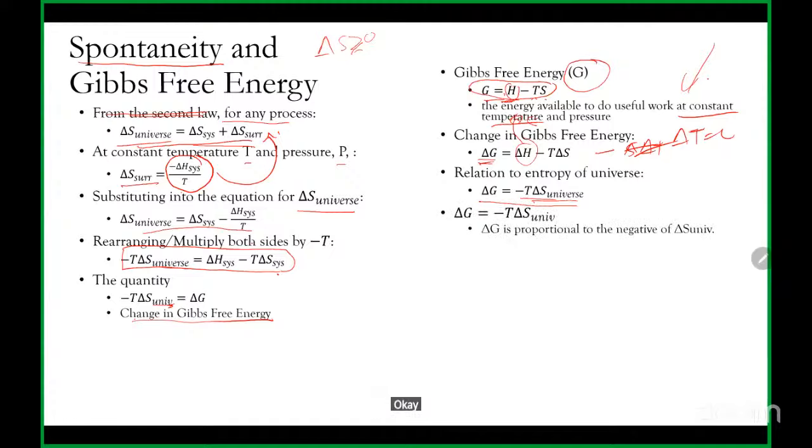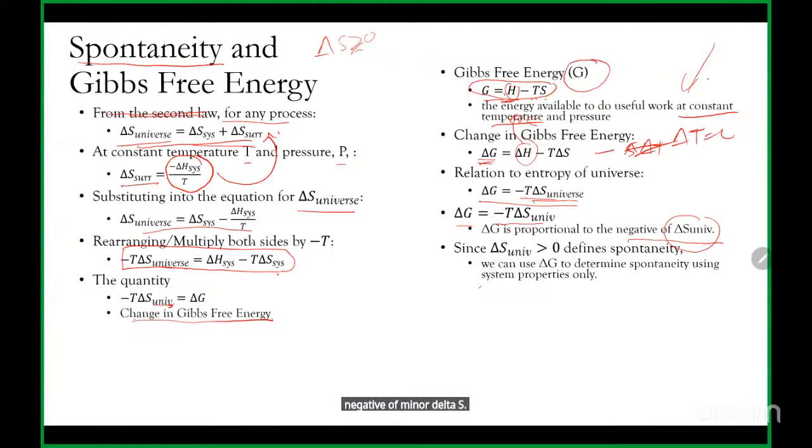Delta G is proportional to minus T times the change in entropy of the universe, the negative of delta S universe.